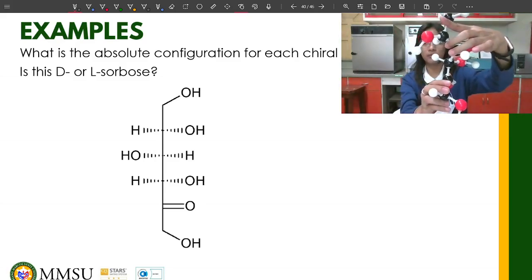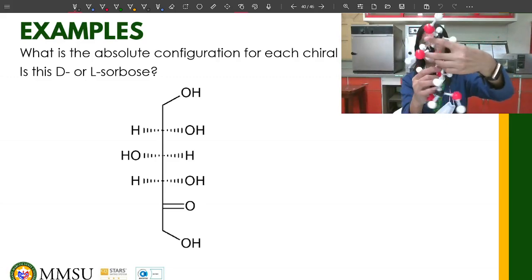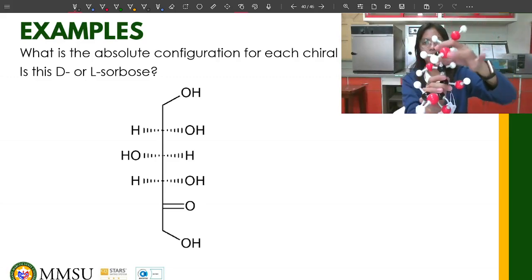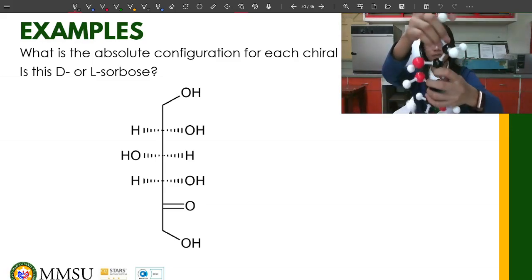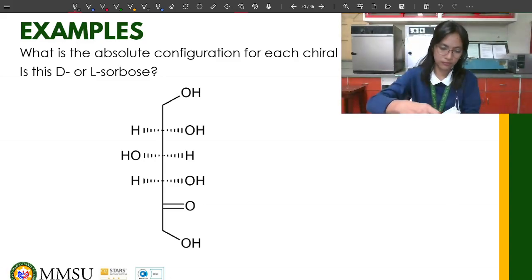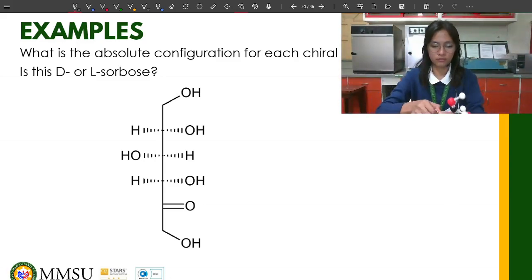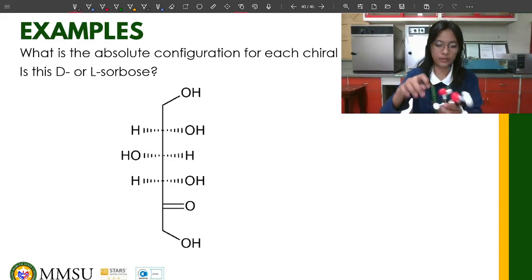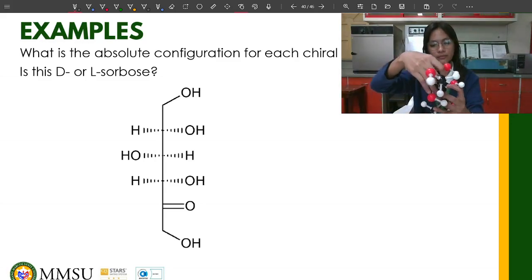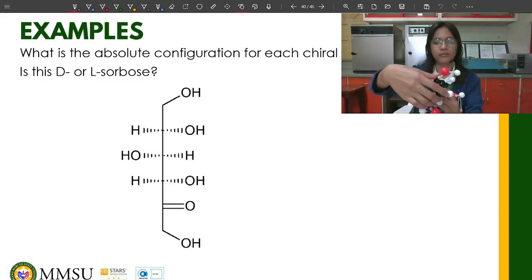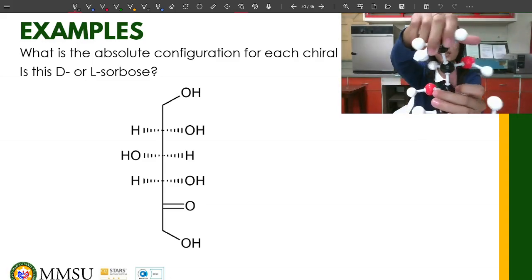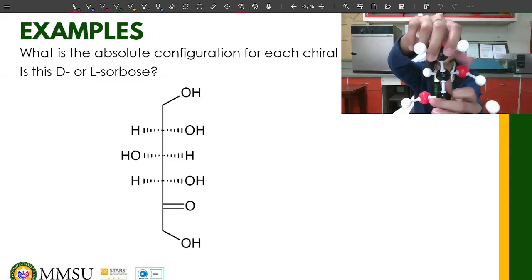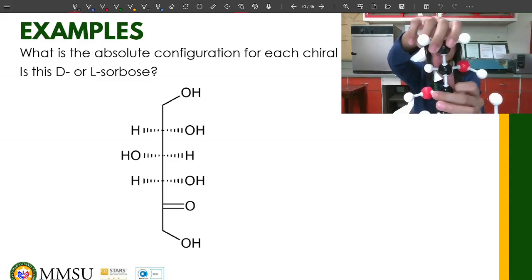Nasa right. And then eto, nasa left. And then this one, supposedly nasa right. Baliktad. Yan. Ganyan. Yan. Eto. This one. This is the last chiral carbon. So, nasa right yung OH, nasa left yung hydrogen.